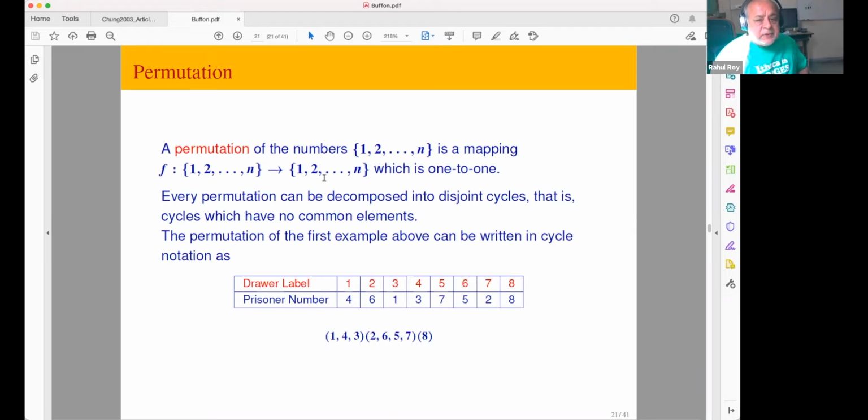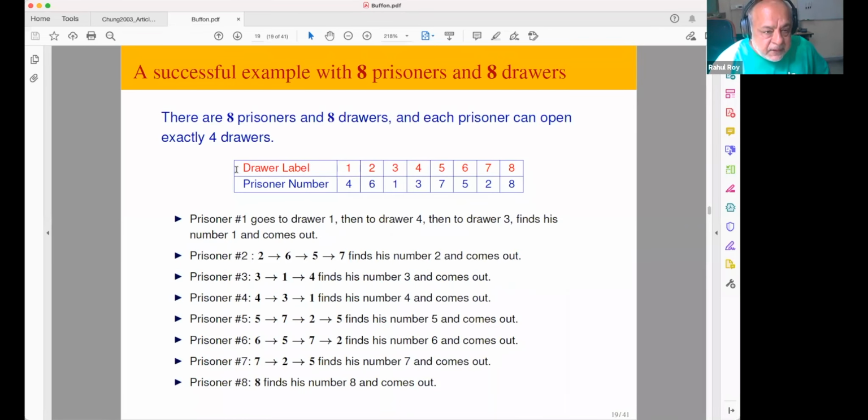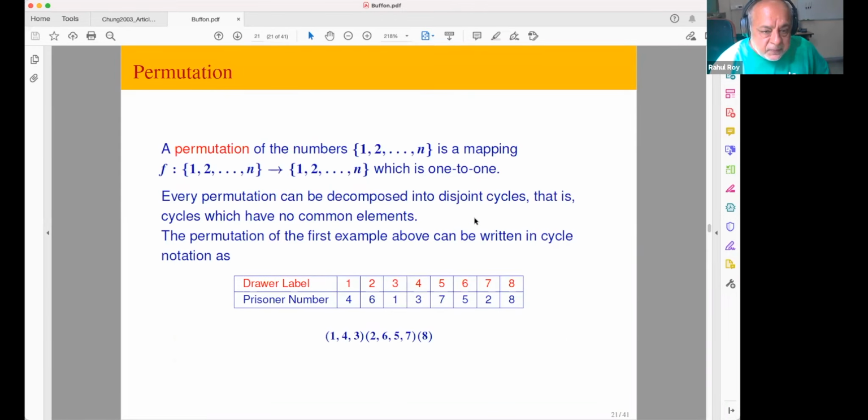Now, each permutation can be decomposed into disjoint cycles. That is, cycles which have no common element. For example, if I look at the successful example, remember this: 4, 6, 1, 3, 7, 5, 2, 8. That's exactly what I have here.